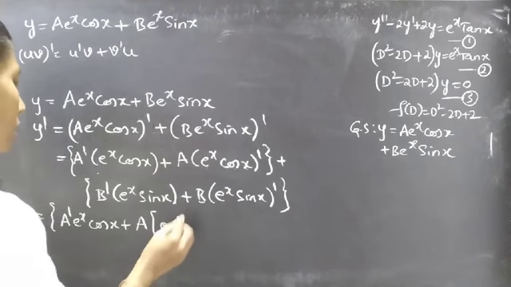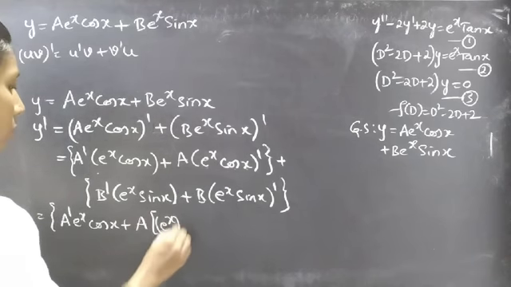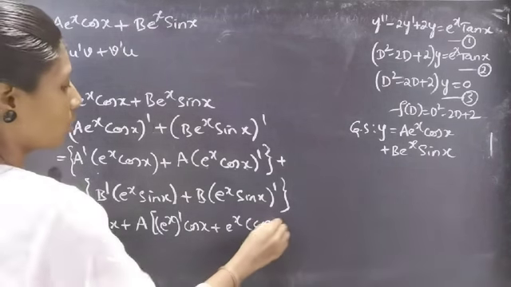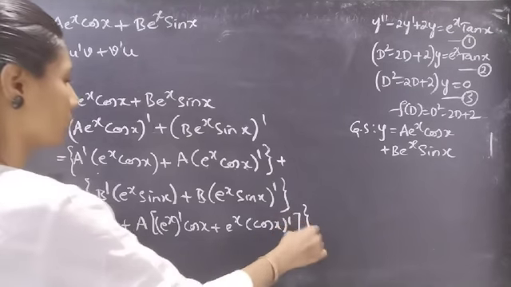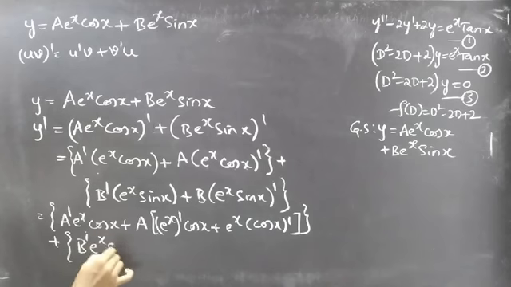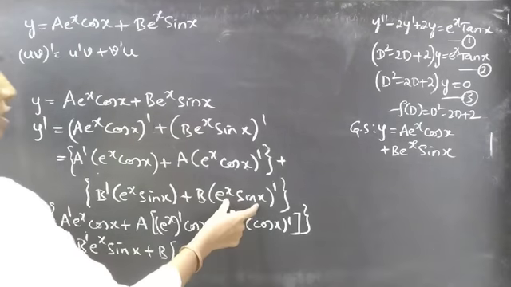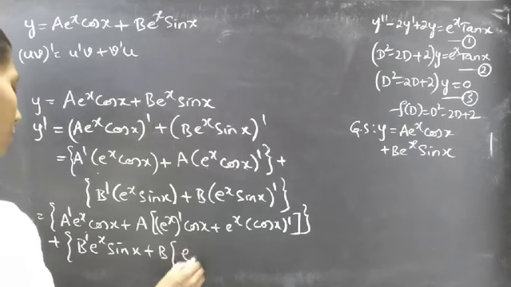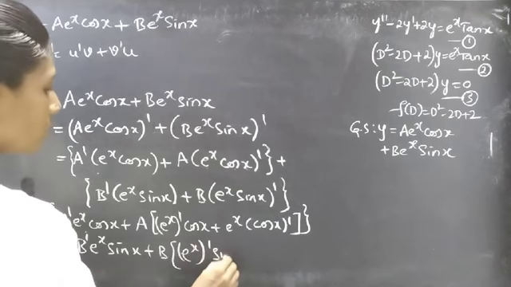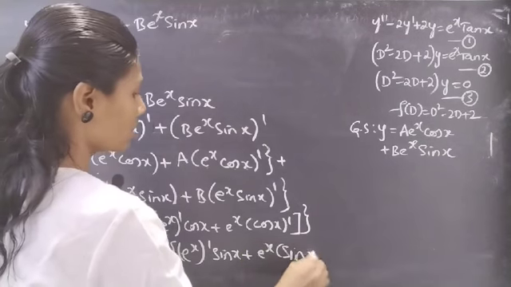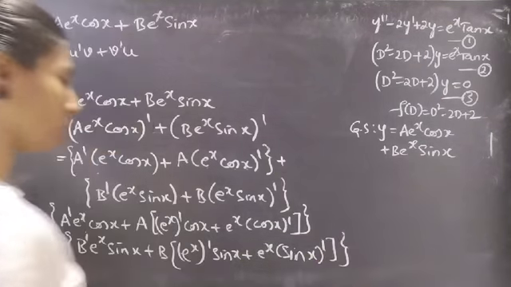We'll get e power x whole dash into cos x plus e power x into cos x whole dash, okay, plus b dash e power x sin x plus b into, find the derivative of e power x sin x whole dash using the uv whole dash formula. We'll get e power x whole dash into sin x plus e power x into sin x whole dash, right?